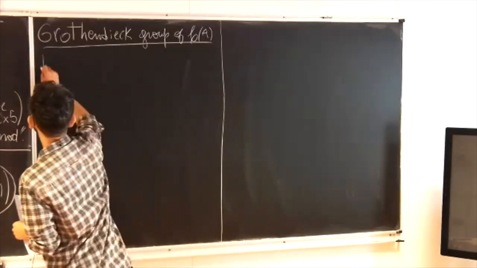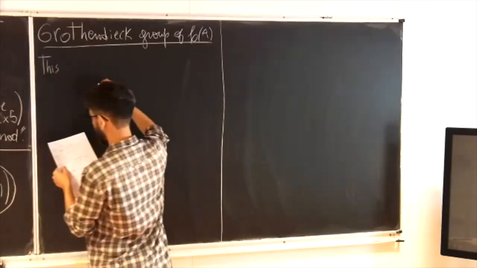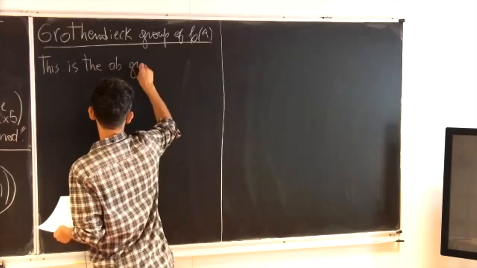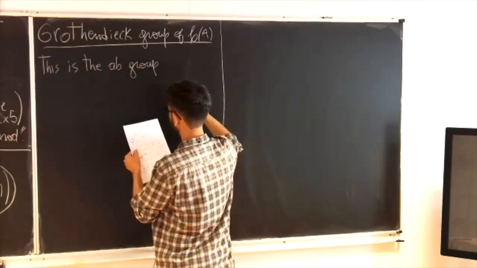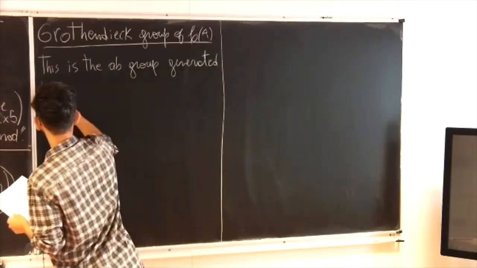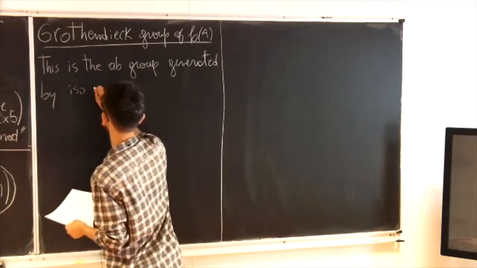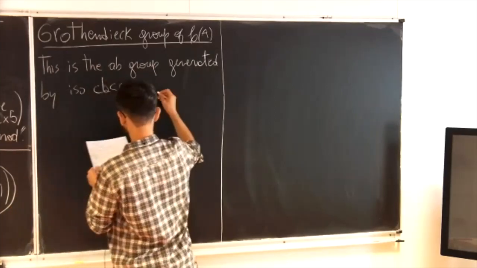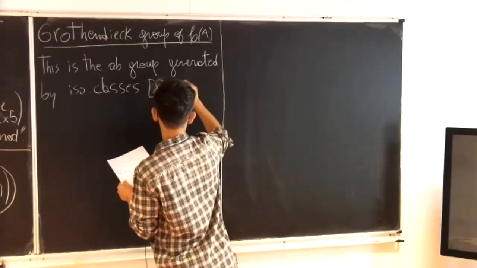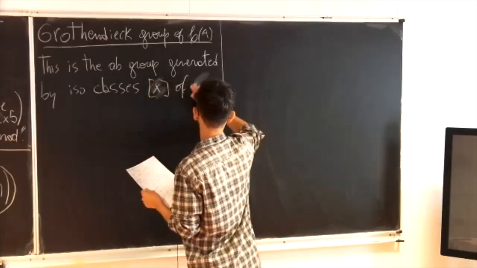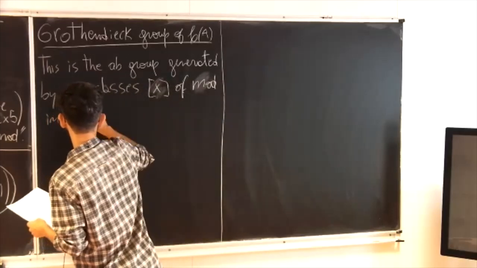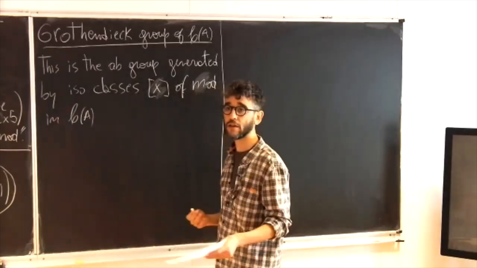Recall this is an abelian group, generated by isomorphism classes of objects of modules, here in the category of modules over A, graded or ungraded.